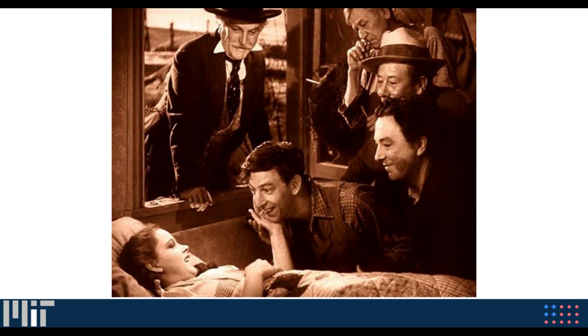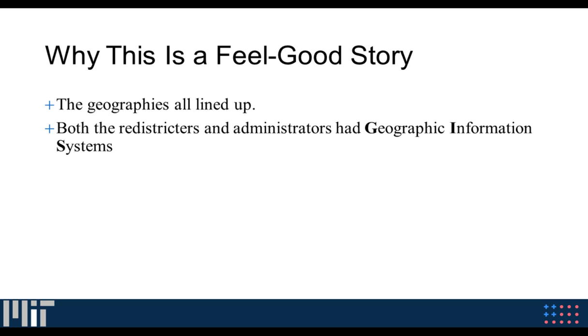And in fact, because this is a happy ending to this story, these two individuals who live across the street, right on the district boundary, in fact end up in the correct places. Now, why do they end up in the correct districts? Well, in part because the geographies in this case all lined up.